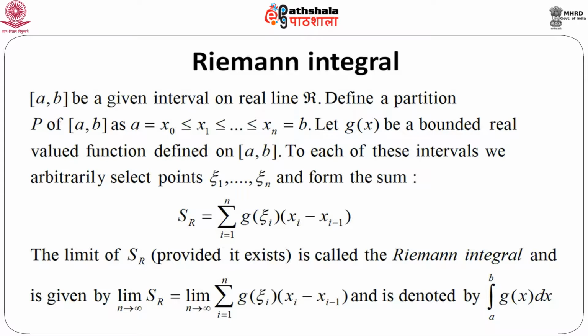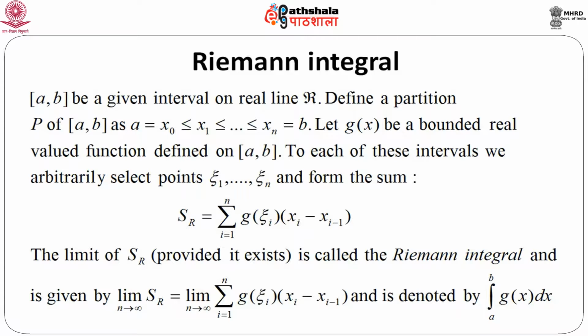Let us first consider that g of x is a bounded real valued function defined on a b. There might be other properties of g x, but right now let us consider only a bounded real valued function defined on this interval a b. Now in each of these intervals we arbitrarily select points xi 1, xi 2, up to xi n, and form the sum denoted by S R, R stands for Riemann, equals the sum over i equals 1 to n of g of xi i times x i minus x i minus 1.